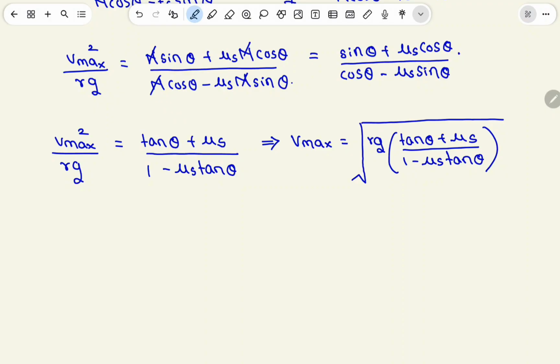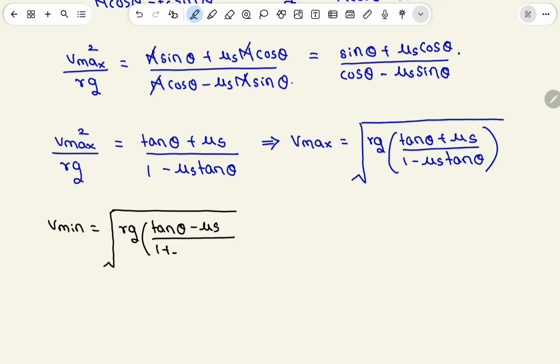So let's finally compare both the speeds, V minimum and V maximum. The formula for V minimum was under root Rg into tan theta minus mu s upon 1 plus mu s tan theta.